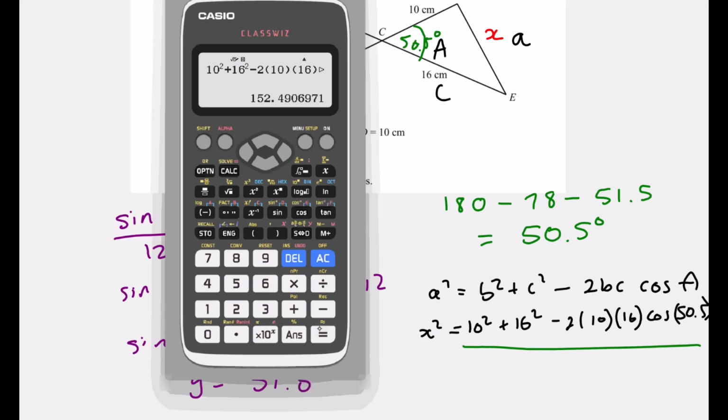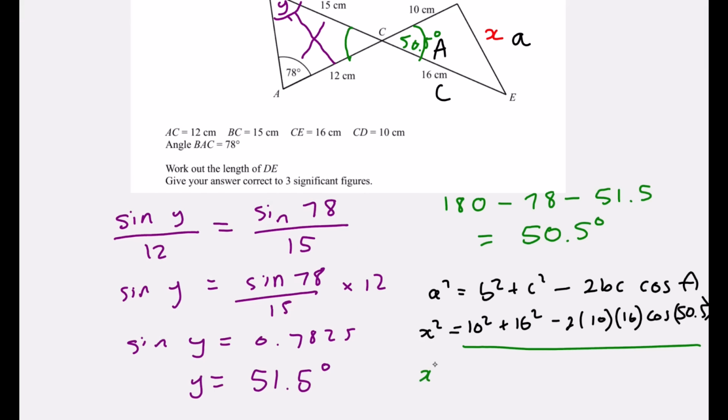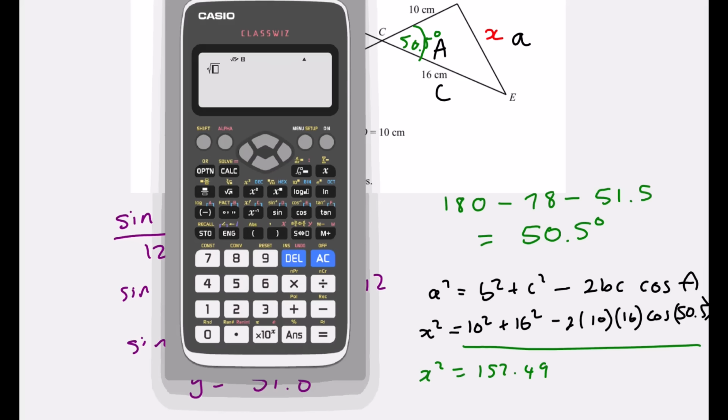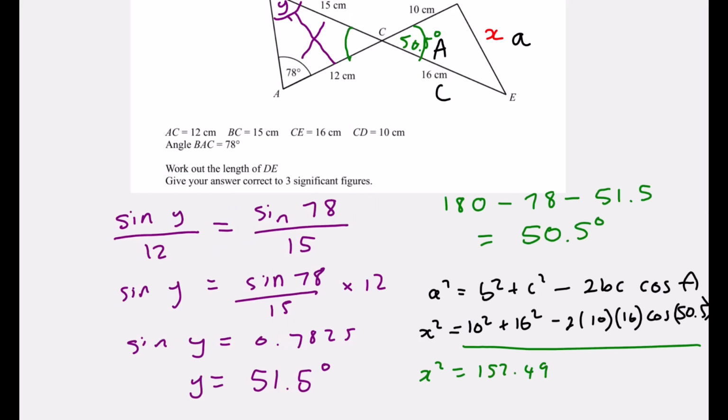So I've got 152.49. That's x squared. So to get x, just square root the answer, and we get 12.3. So x is 12.3, and that is to three significant figures. So that is our answer.